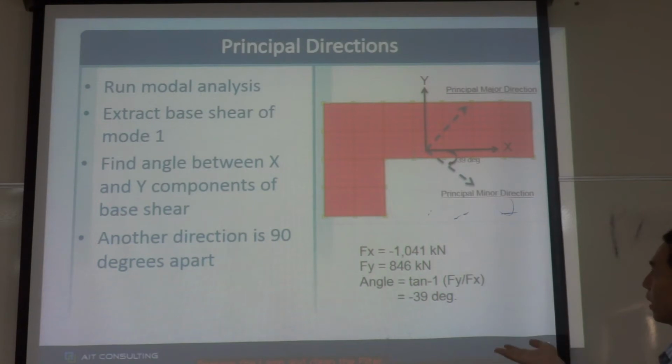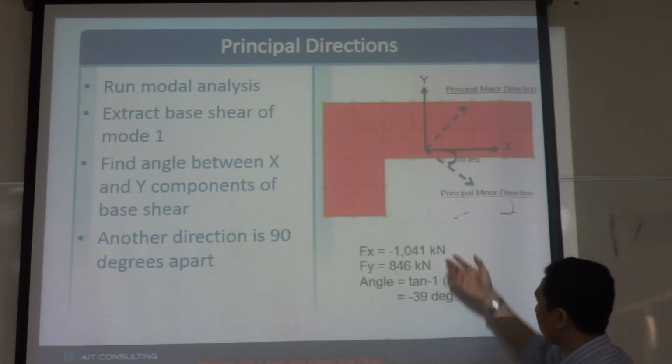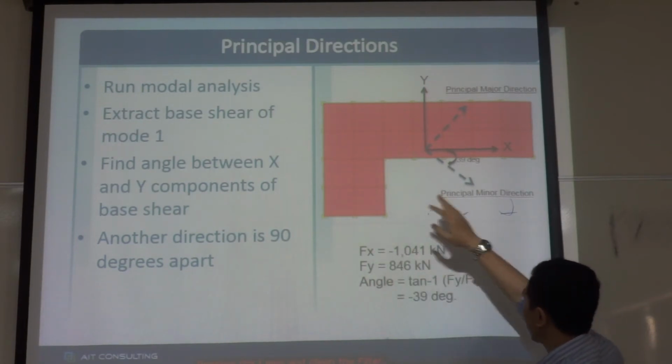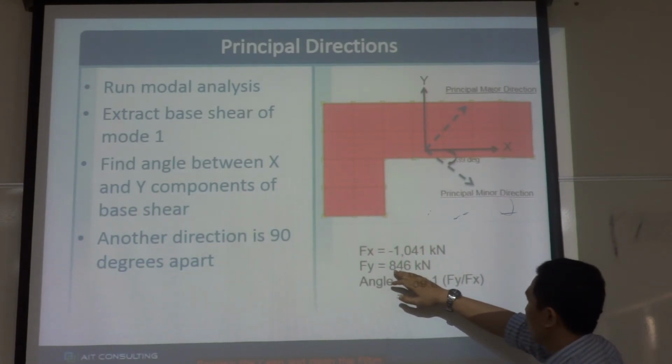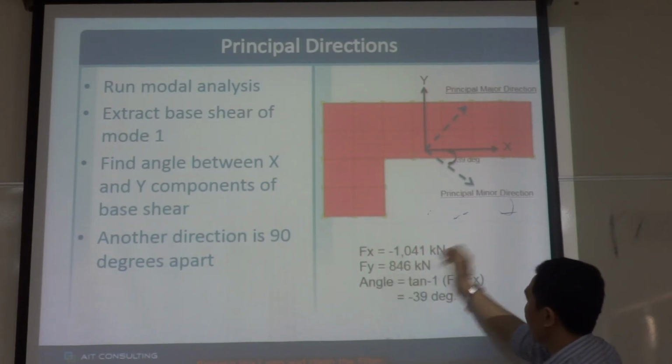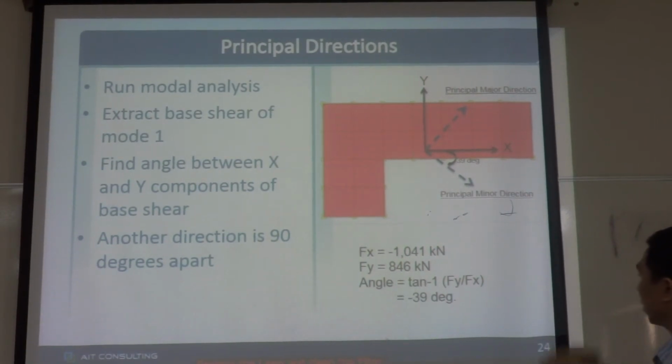First, run the modal analysis and then you get the base shear of mode 1 vibration mode. From the analysis, mode 1 base shear, for example, the X component is 1041 kilonewton in the negative direction and Fy is 846 kilonewton in the positive direction.